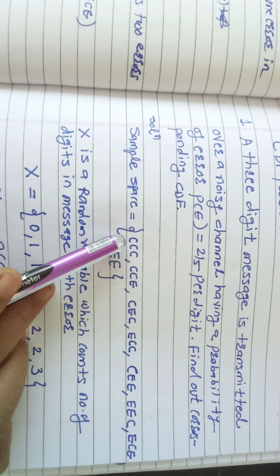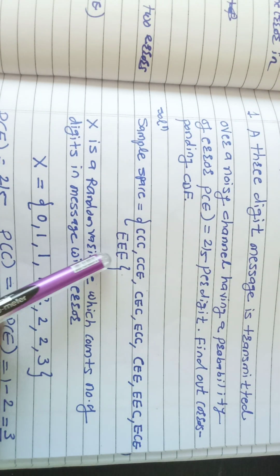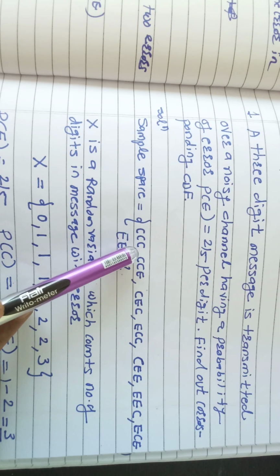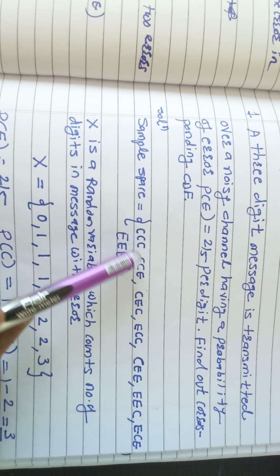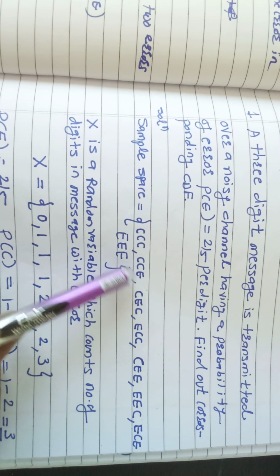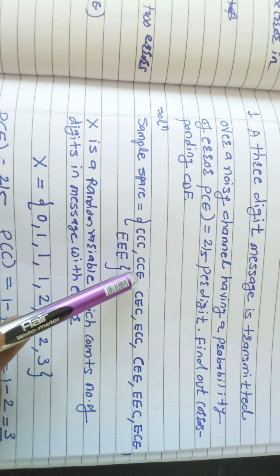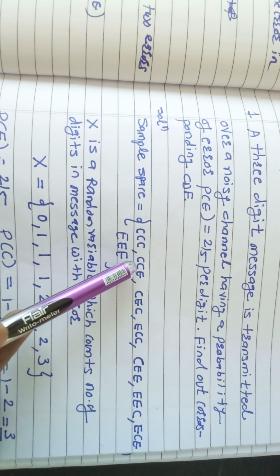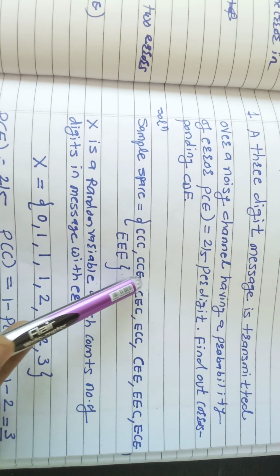The sample space is like this. The first case could be that every digit is a correct digit. That means noise has not affected any digit in the message. Then second, for example, one digit is corrupted. So correct, correct, error: the first digit is correct, second is correct, third is in error.